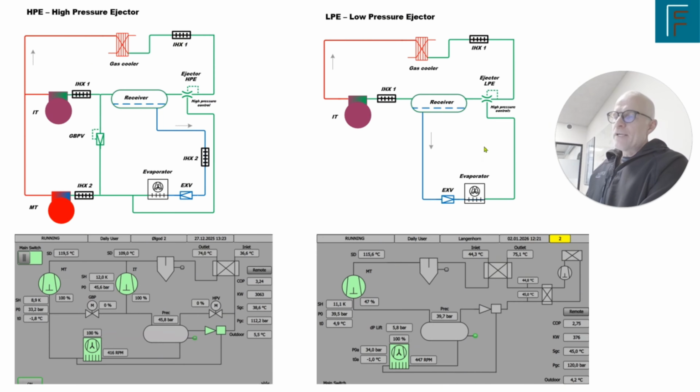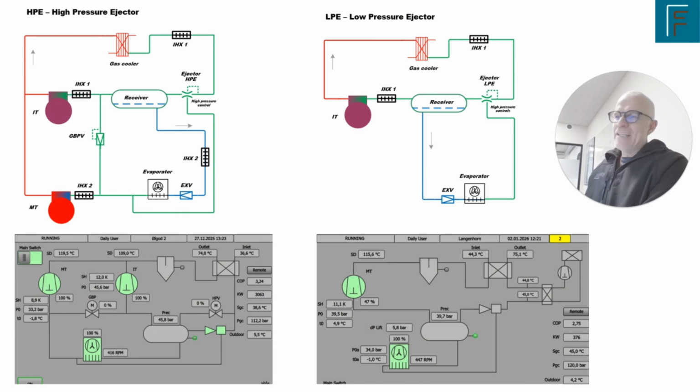The other configuration with the low lifting ejector, it looks a little bit like it's a simpler system, which it probably is, but there are also some complications around this system. But the way it works is that the liquid is coming from the receiver, is ejected into the evaporator, and the gas out of the evaporator, all of it, is compressed by the ejector and lifted back to the receiver.